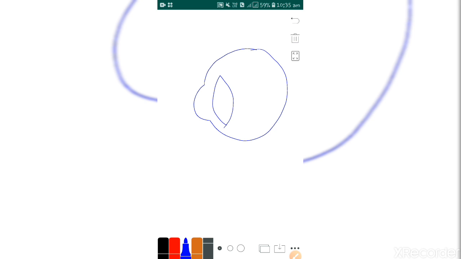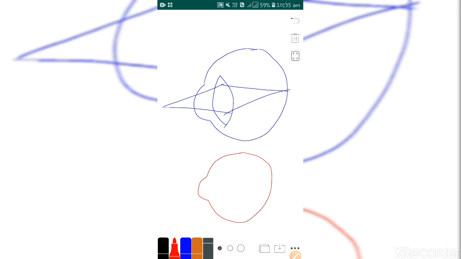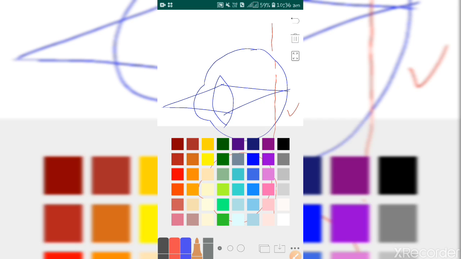Since we can't see the nearby objects, we'll be passing the light from the nearby objects like this on the retina. This is the normal human eye. But in case of a defective eye, our eyeball is a little shrunken than the normal. The actual size should have been this, but now it has been shrunken. See what happens.